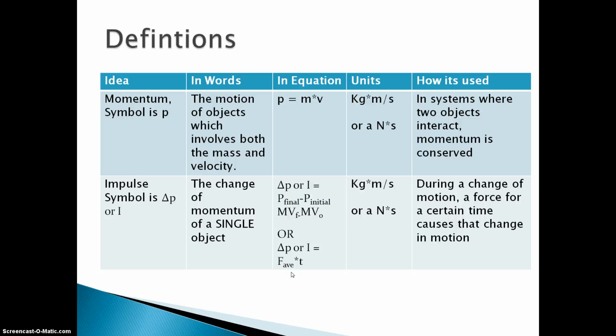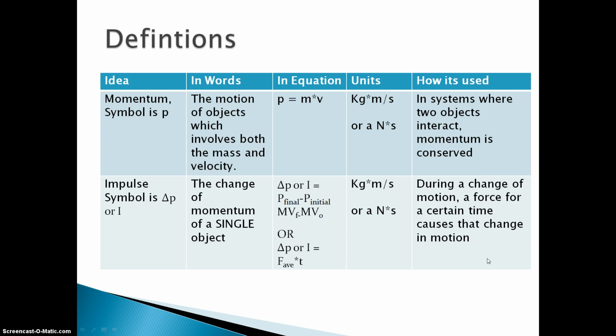The more time you have a force, the bigger the change of motion. The longer you're pushing something, the more it speeds up. Or, if you want to slow something down, the longer it takes, the less force you need. It's also measured in the same units because it's simply a change of momentum.